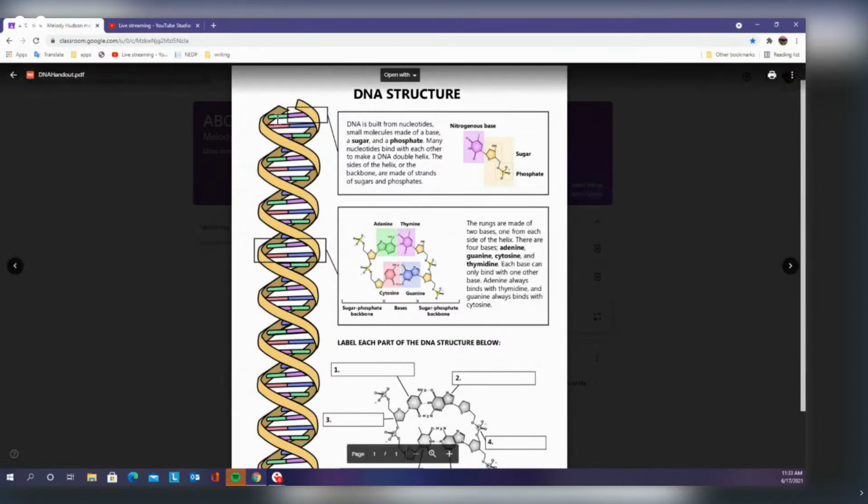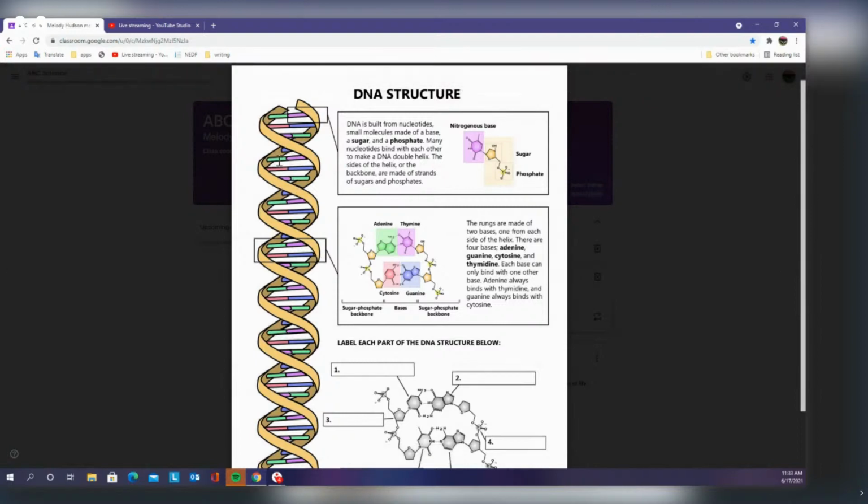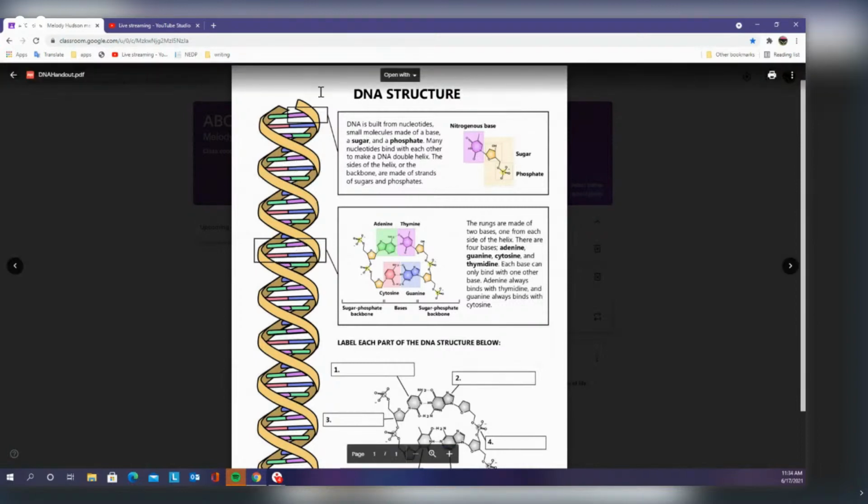However, look at adenine. There's adenine and thymine, and then you have thymine and adenine. So they can reverse on the rung. See, green, purple, purple, green. But the cytosine and guanine always stay in that particular order.